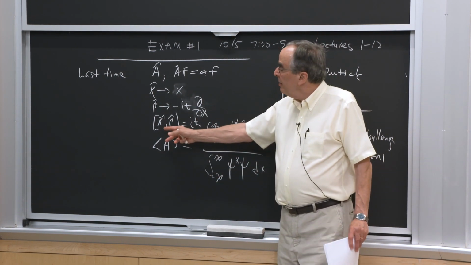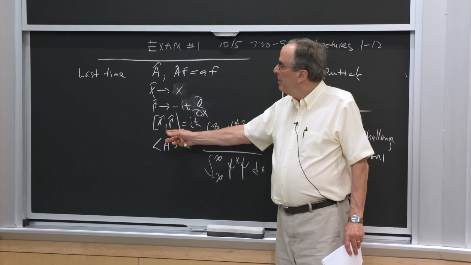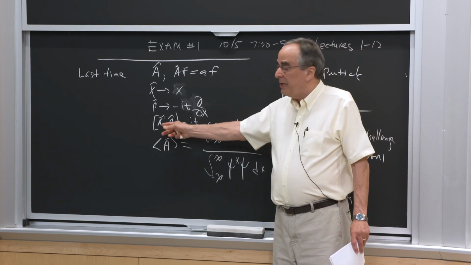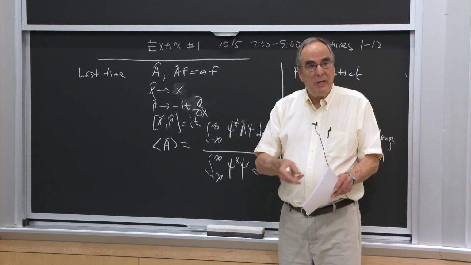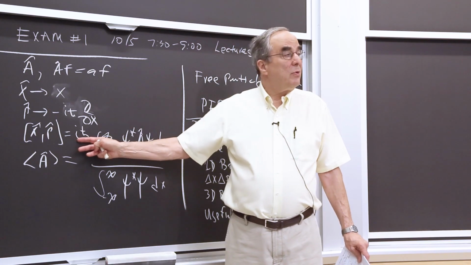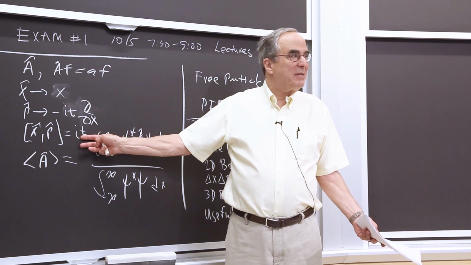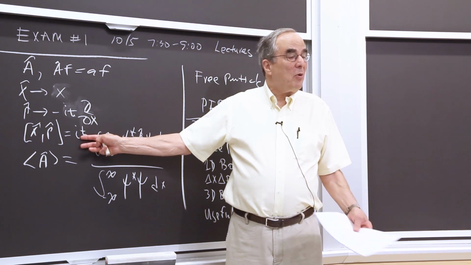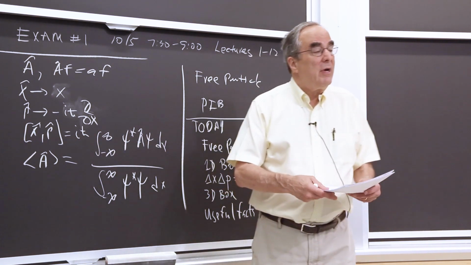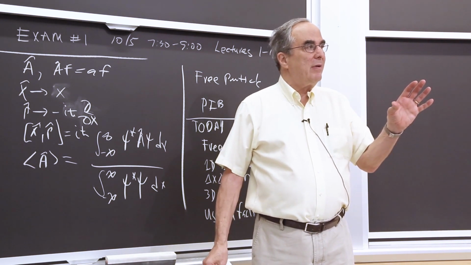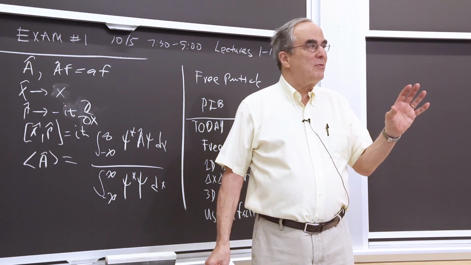And then there's a commutation rule: xp minus px is equal to this. This is really the foundation of quantum mechanics. As I've said before, many people derive everything from a few commutation rules.